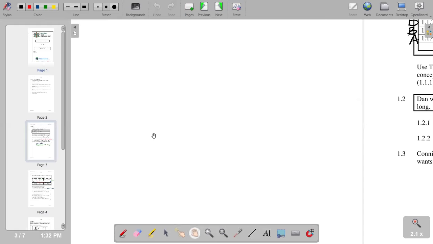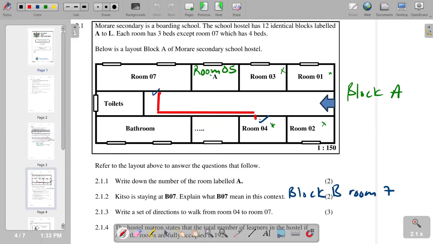So for that context, on 2.1.3 from room 4, remember, you're coming out of room 4 at that point.